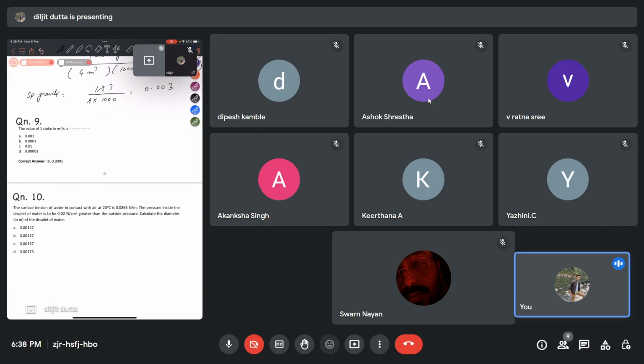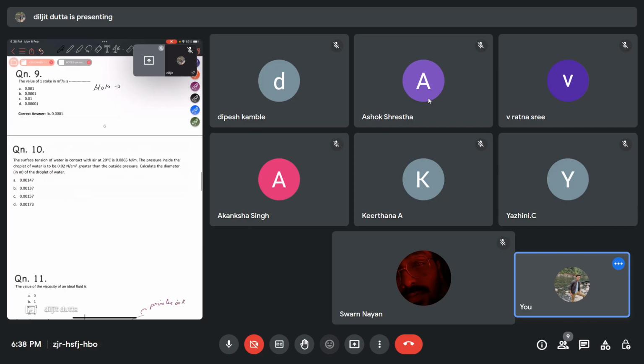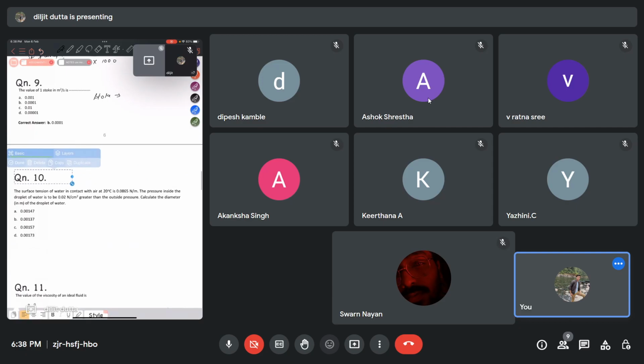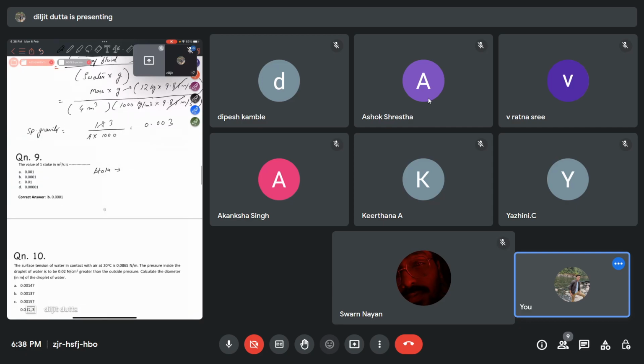So next thing is the value of 1 stoke in meter square per second. So what is stoke? Stoke is a unit of kinematic viscosity.